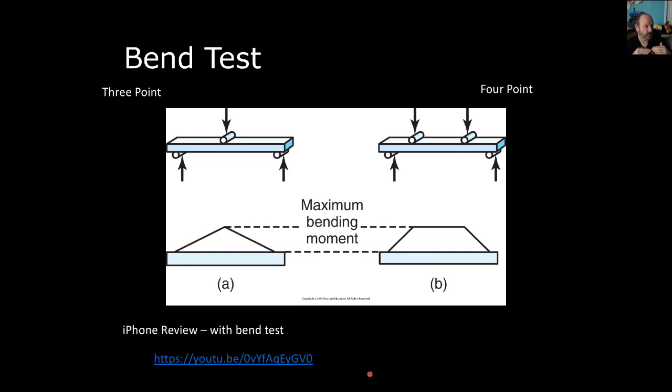And occasionally the screen would break. Of course, Apple, also Samsung, LG, the phone companies have made their cases stiffer and less prone to bending, so the stresses have to be much higher to cause it to bend and to break. So I encourage you to watch that video.